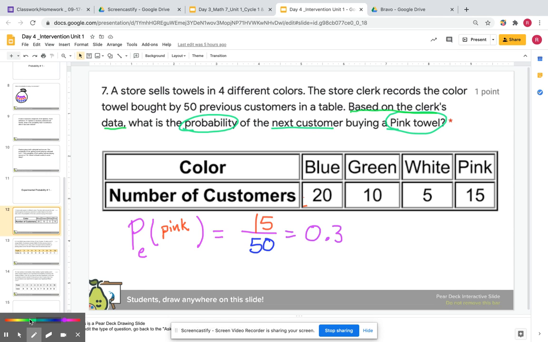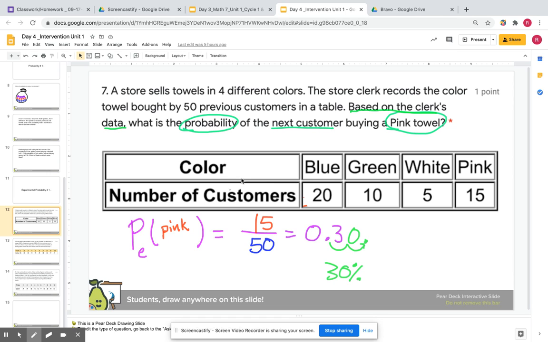If you're curious about changing this to a percentage, remember you move the decimal place over twice and add that 0. So it's basically a 30% probability that the next customer is going to buy a pink towel, if the data is accurate and a good sample.